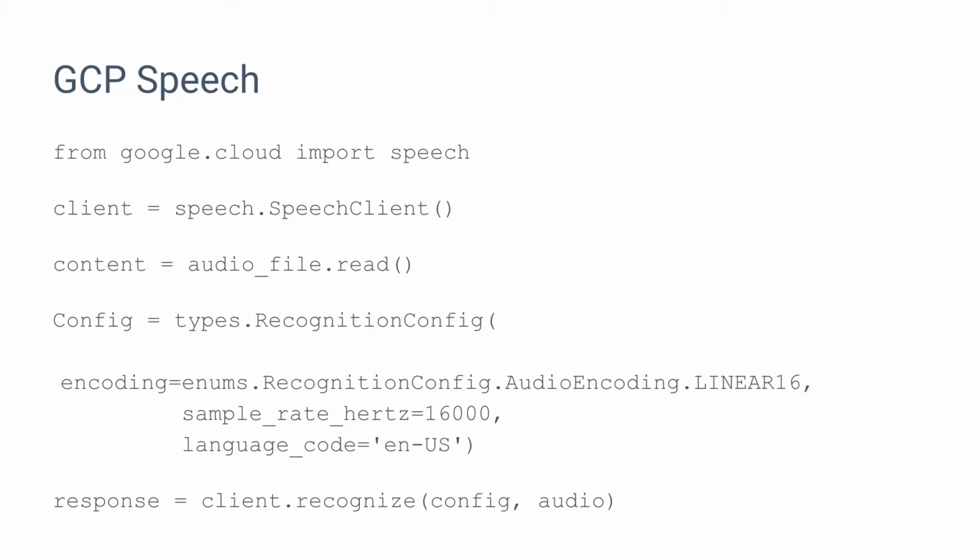Now keep in mind that there's going to be a few extra bits of code to make this all work, but in principle, this is all that you need. Also, in this example, we're sending a local file to the speech recognition model, but it's also possible to send a remote file stored on Google Cloud, or a streaming file using a microphone. Pretty powerful stuff that's wrapped up in a really simple API.